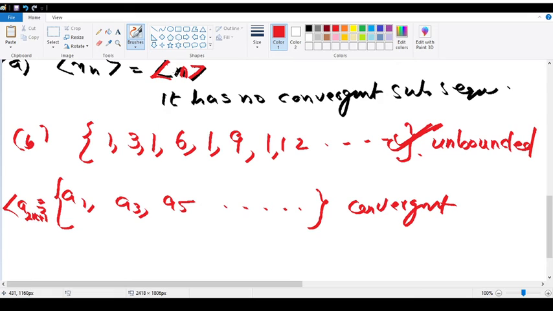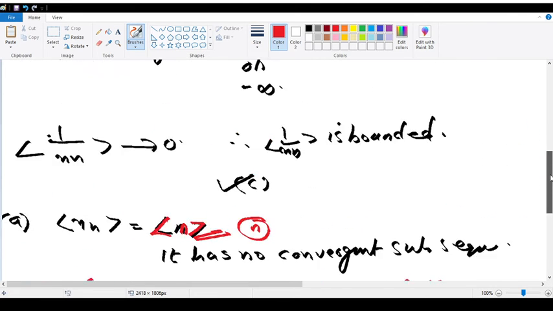So you take xn equal to n. Does that sequence have a convergent subsequence or not? A sequence can either have a convergent subsequence or cannot have one; both are possible. So in the second example, the conditions are satisfied and it has a convergent subsequence. If some sequence has a convergent subsequence, some other sequence has no convergent subsequence.